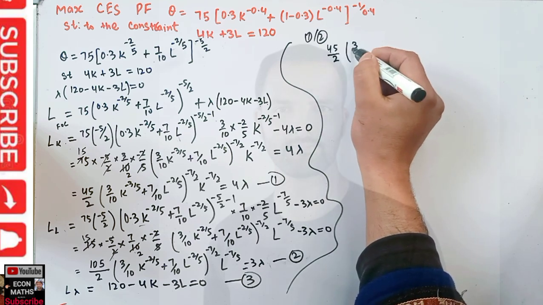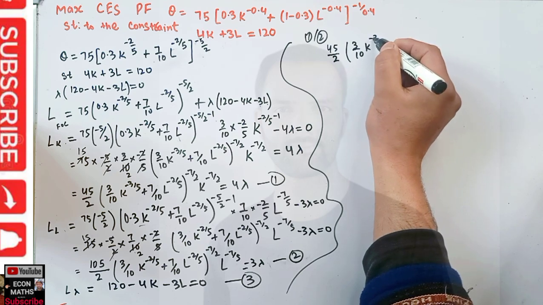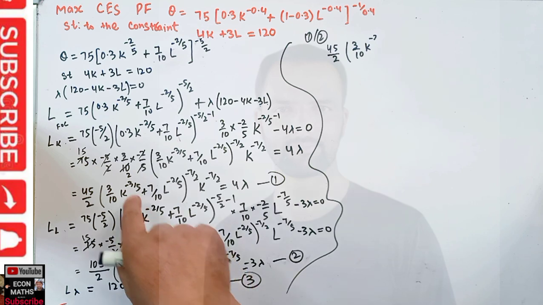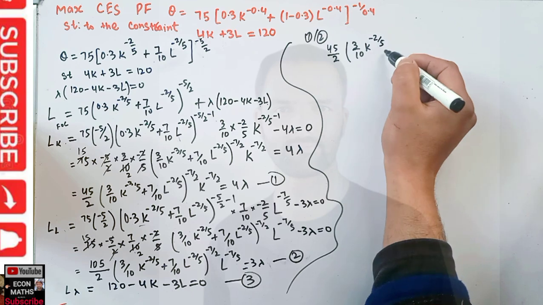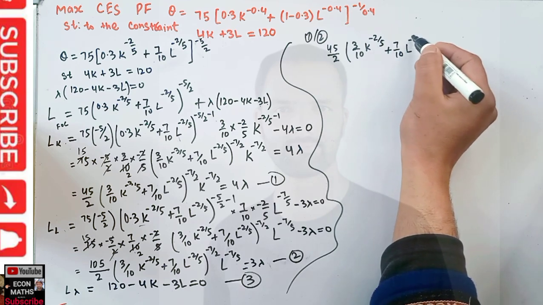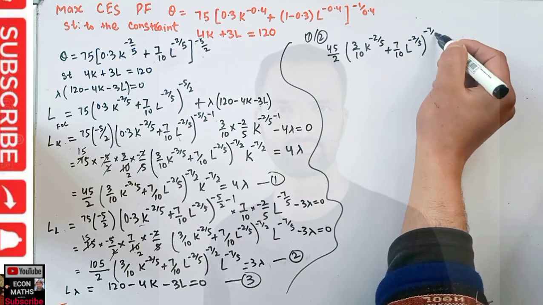We have 3 upon 10 k to the power minus 2 upon 5. Okay, actually I have written 3 upon 5 here, sorry. So 2 upon 5 plus 7 upon 10 L to the power minus 2 upon 5 raised to the power minus 7 upon 2.